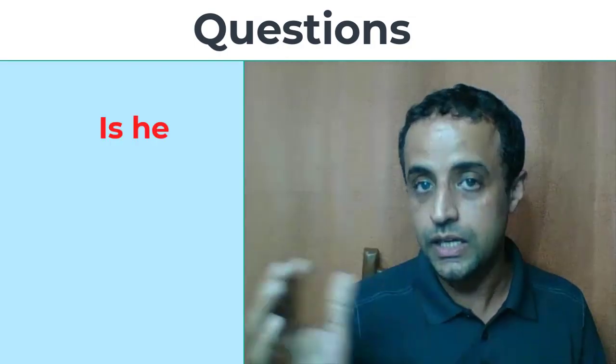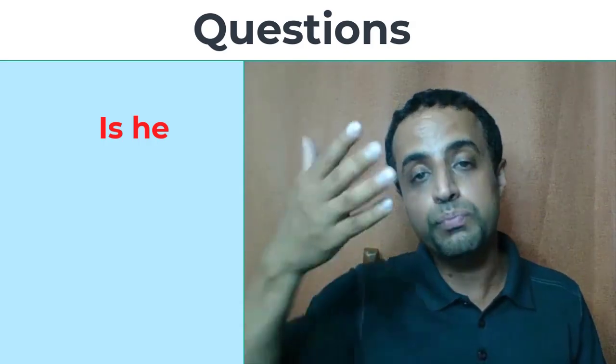And one more note: if you want to sound like a native, you need to be very careful when you use questions, when you use these words. For example, when you use is he, it's very difficult to say is he if you pause and stress it.